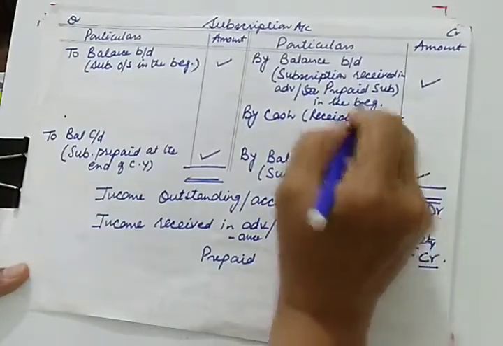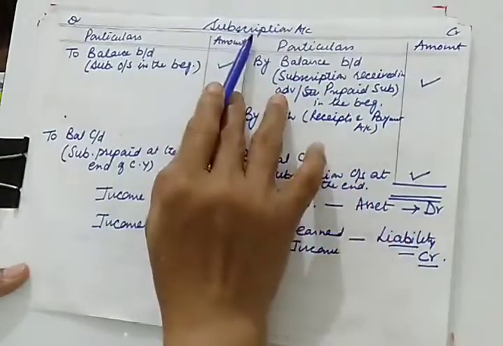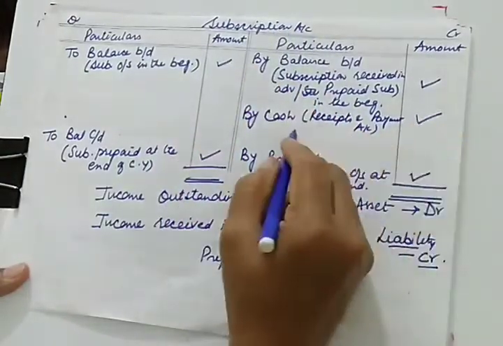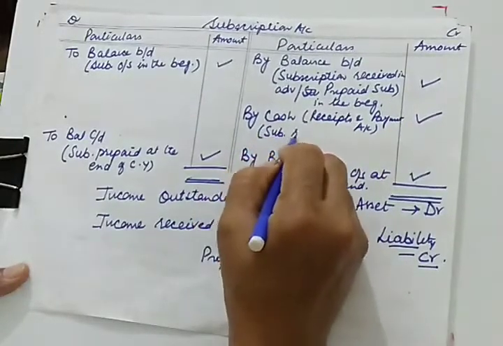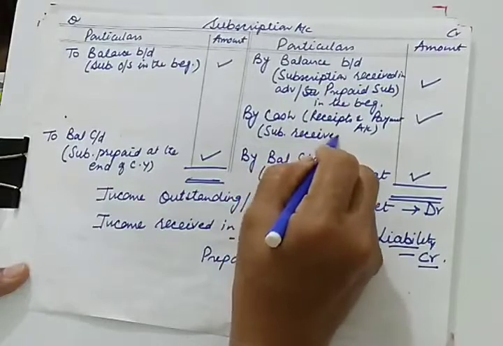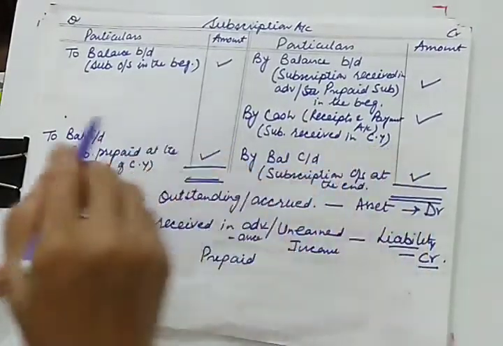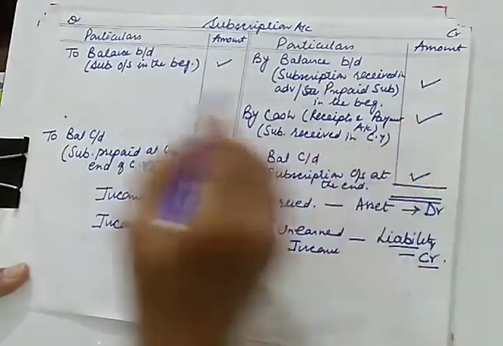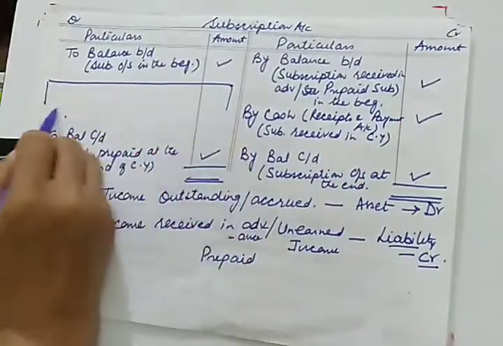Now can you make the journal entry for this? Journal entry will be cash account debit to subscription. So this is the subscription received during the year. Subscription received in current year. Then after writing all these amounts, we'll get the balancing figure here.